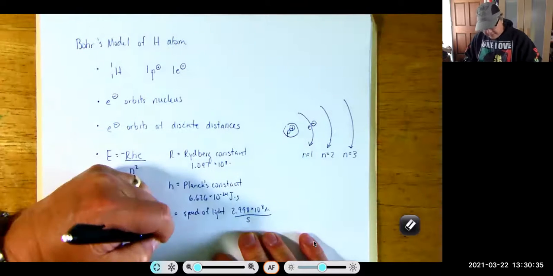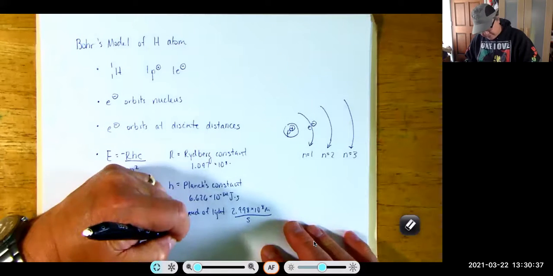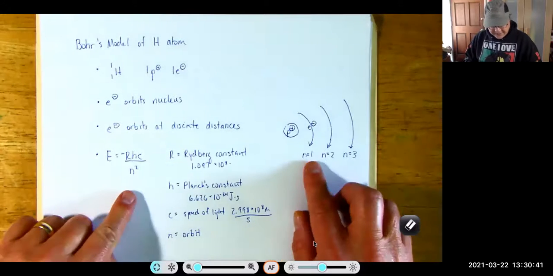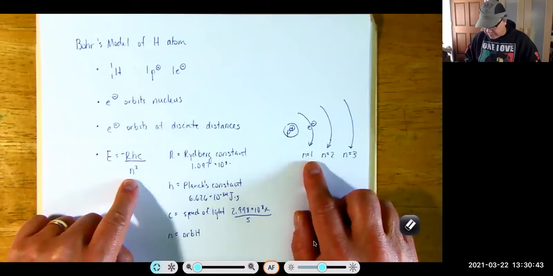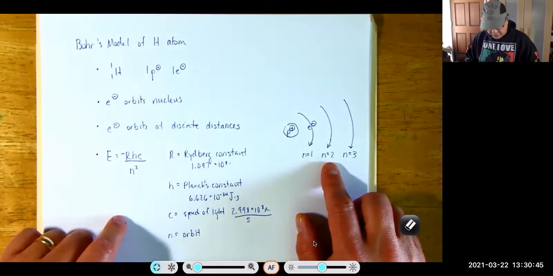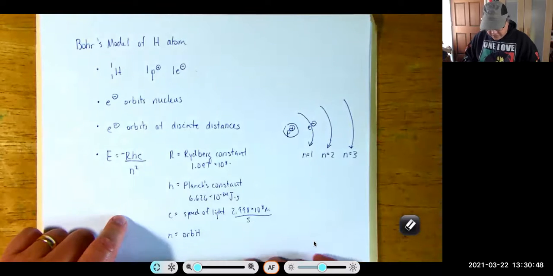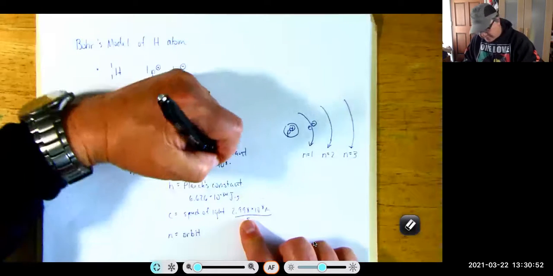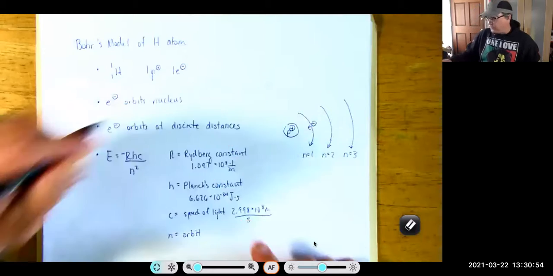And n is the orbit. So for the first orbit, it's 1 squared. For the second orbit, it's 2 squared, and so forth and so on. Now, it looks like the units here have to be per meter for things to work out.